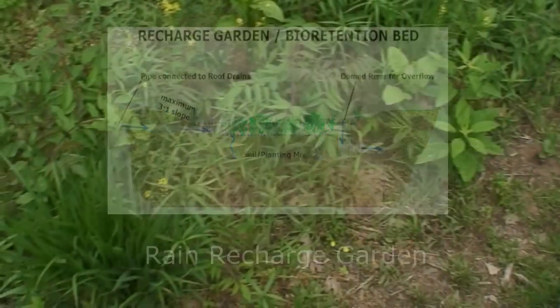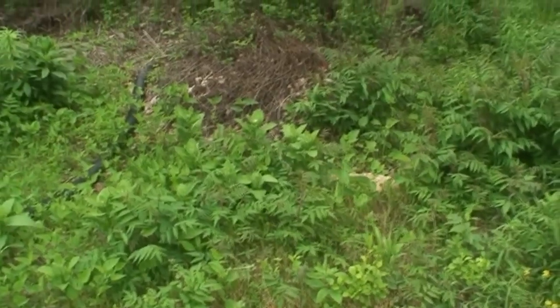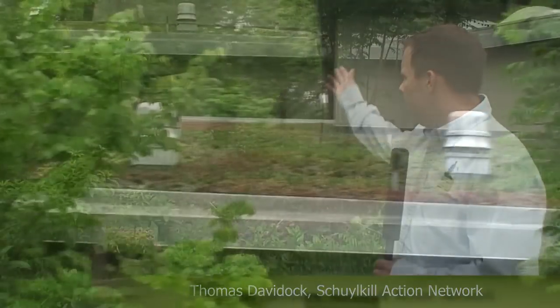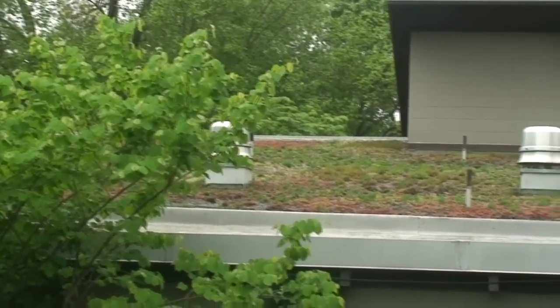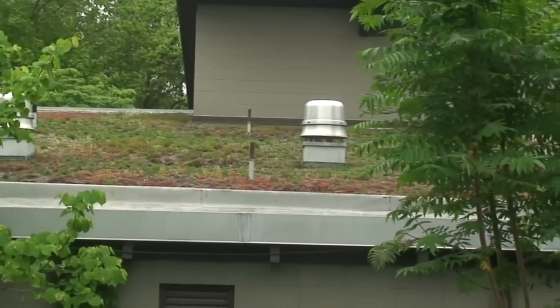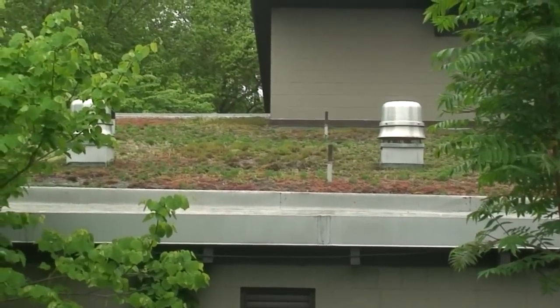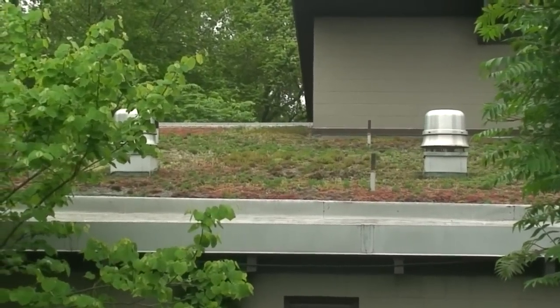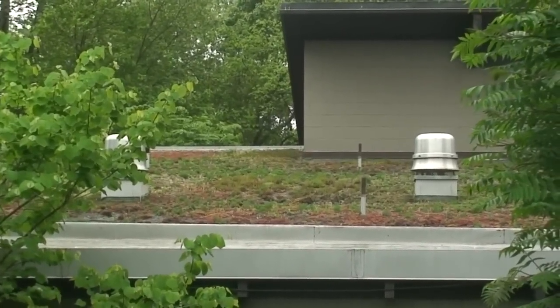But when you look at it, it's not a very complicated type of system here, but it does a great job at addressing stormwater. And up above here, it might be a little bit harder to see. On the roof here, you'll see that it's not your typical asphalt roof or metal or any other type of hard surface. It's actually vegetated.